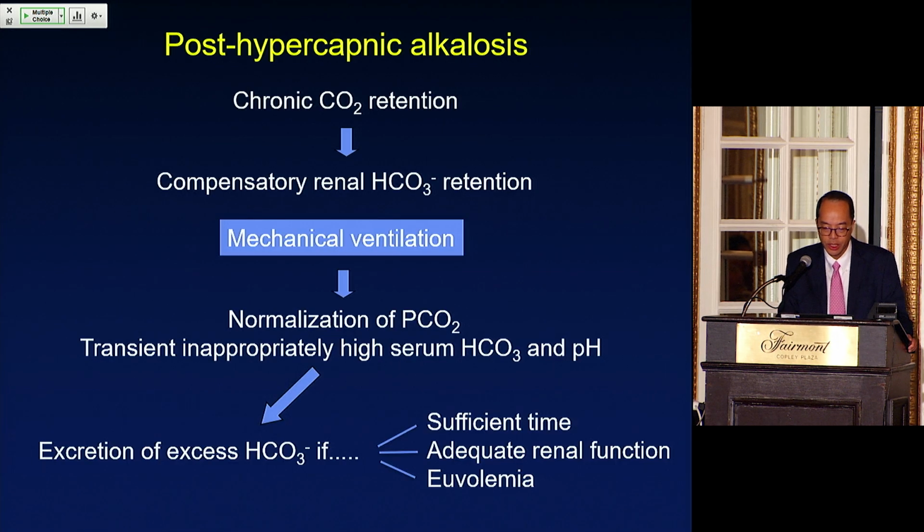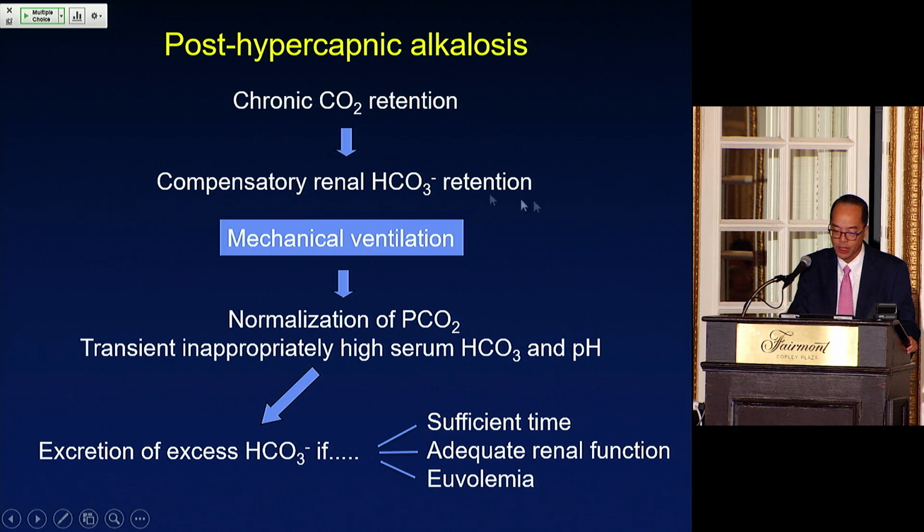Post-hypercapnic alkalosis refers to patients that have chronic respiratory acidosis, so COPDers or patients with Pickwickian syndrome, for example, who have appropriate normal compensatory renal bicarb retention. Okay, so this is a way of preventing very severe acidemia.